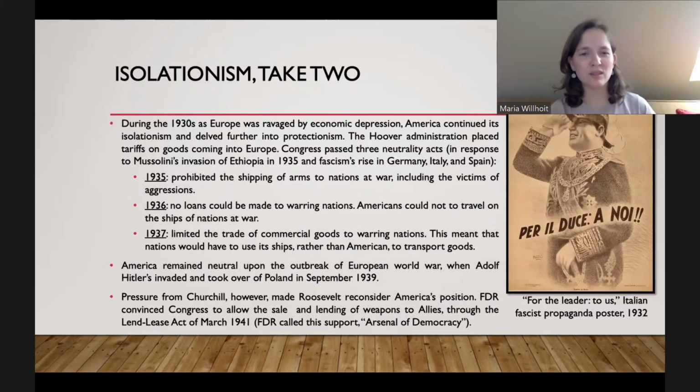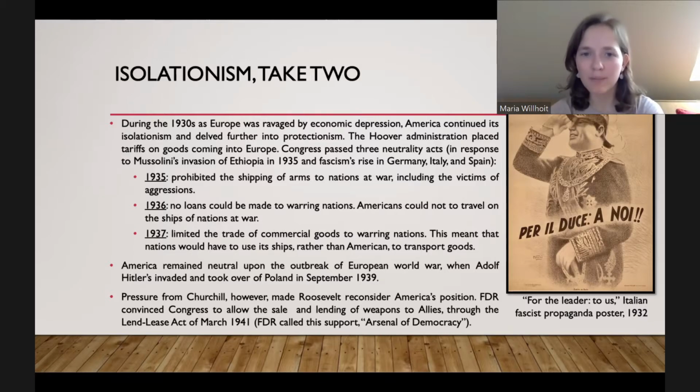And what's worse, during the 20s and part of the 30s, we even become protectionist, meaning we want to protect our industries from possible harm or economic sabotage. So under Hoover, we even placed tariffs, which are taxes on imports coming into America. So we're not even becoming less isolationist. We're becoming even more protectionist. And America is watching Europe.